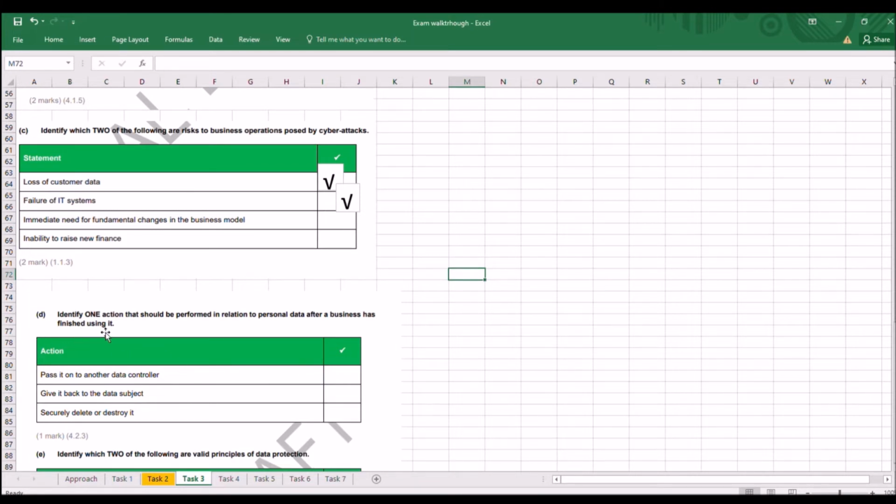Right, okay, identify one action that should be performed in relation to personal data after the business has used it. So this is a GDPR question.